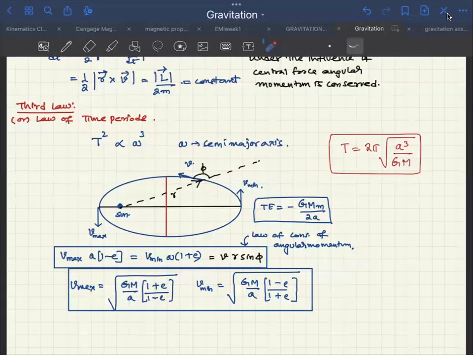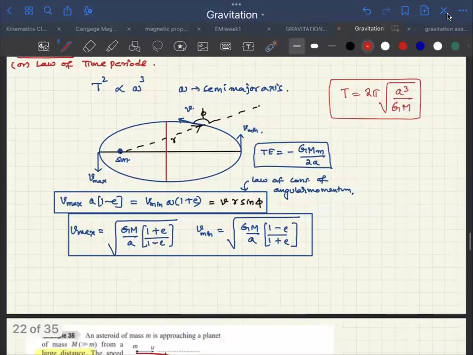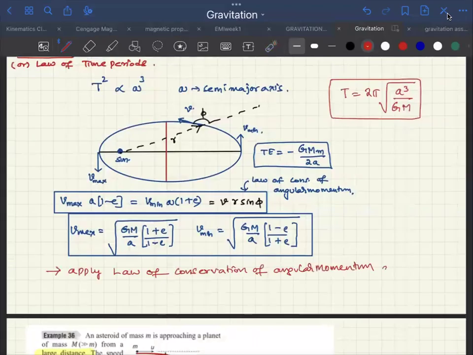Remember, as long as you are dealing with elliptical orbits, the fundamental rule in solving any question is to apply the law of conservation of angular momentum, but it should be applied strictly about the Sun.